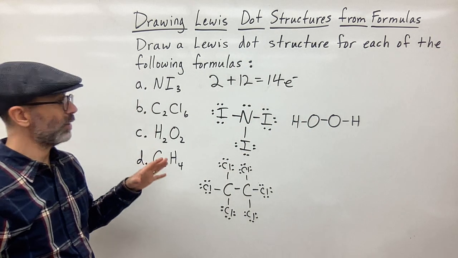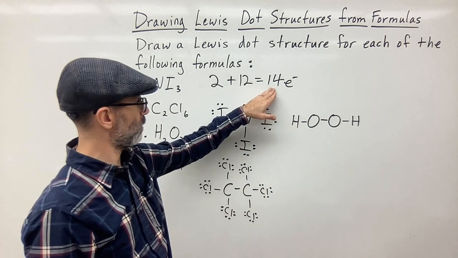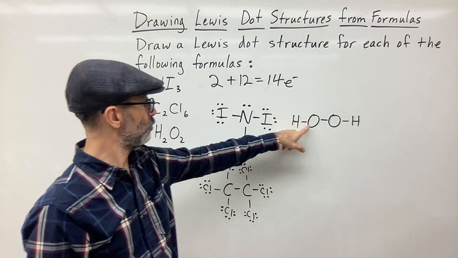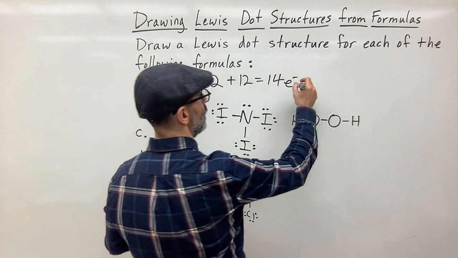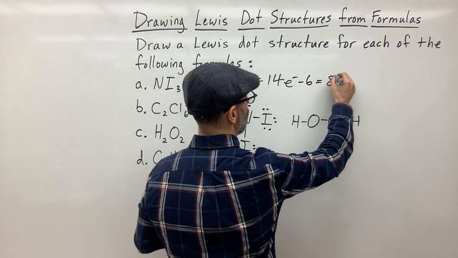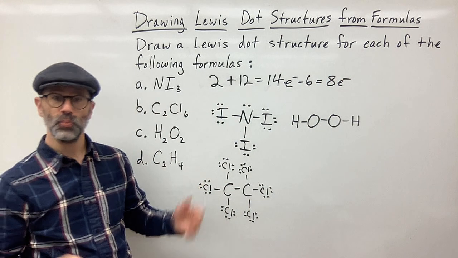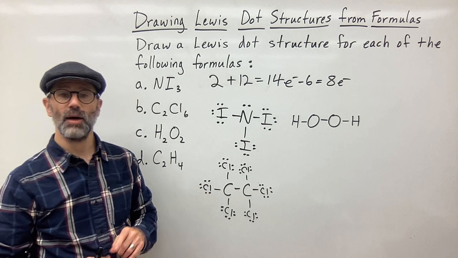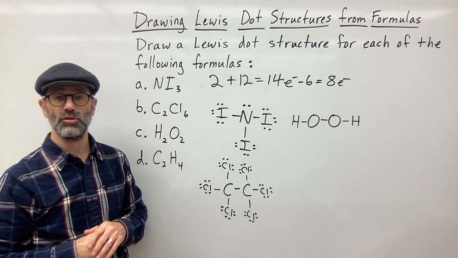Okay, so now that we have our skeletal structure, we're going to remove the electrons we used from our total. So we used 2, 2, and 2, so that's 6, 3 bonds, 2 electrons each. So we're going to remove 6, and that means we have 8 electrons left. That's step 2.